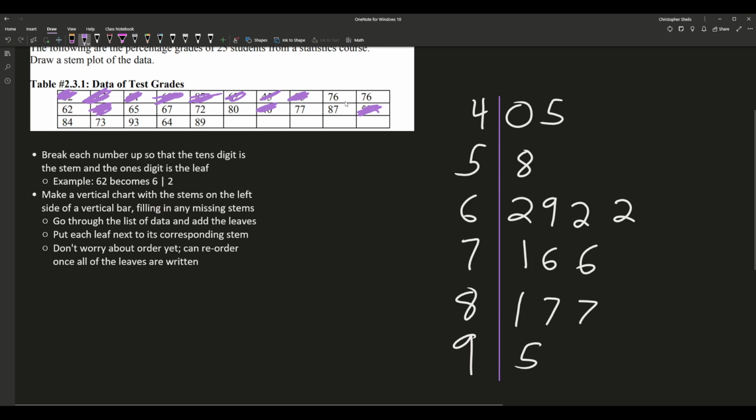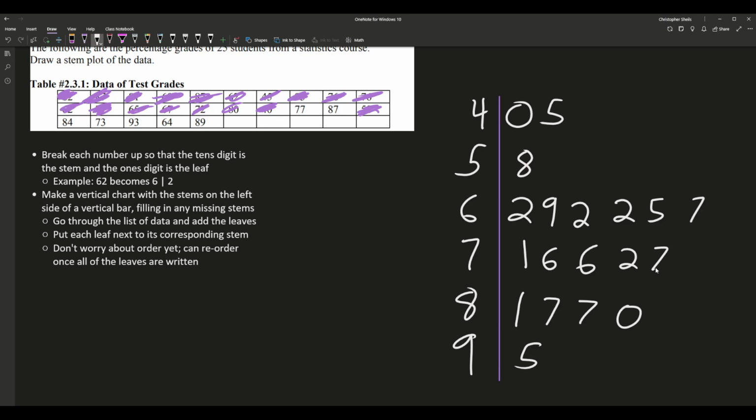We have two 6s next to the 7 for 76 and 76. Then I have a 62. Let's mark these out. Then I have 65, 67. So I write 5 and then 7. 72, 80, 77.